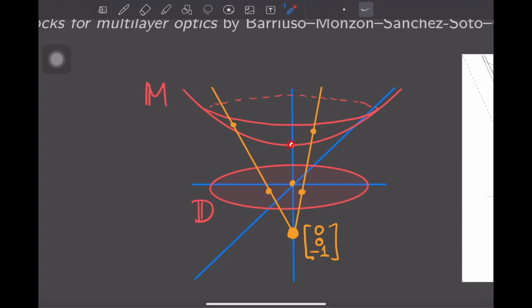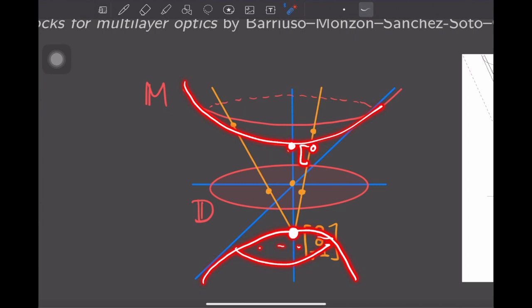Now, those same two points lie on the hyperboloid when we consider both sheets. This one lies in the lower sheet, and this one lies in the upper sheet.